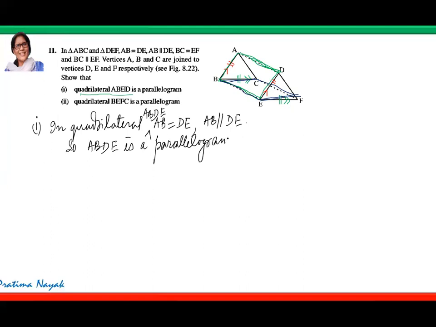So this is the third condition to be a parallelogram: a pair of opposite sides are equal as well as parallel.